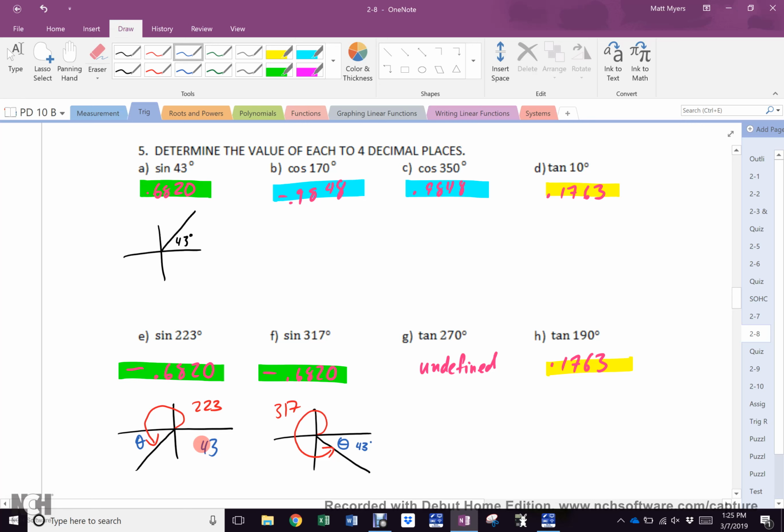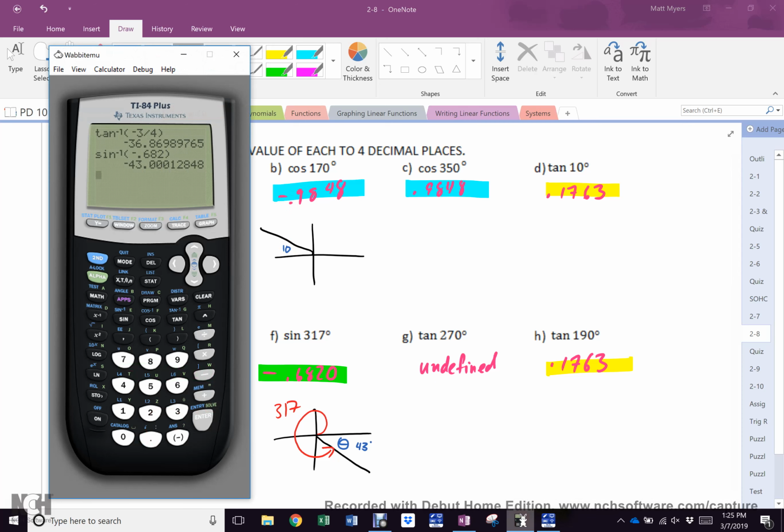Now here's a weird thing. Well, not yet. So, being the intelligent young folks that you are, where is cos 170? Quadrant 2, out there. What's the reference angle? 10. What do you think your calculator is going to tell you if you do shift cos negative 0.9848? Don't do it. What do you think it's going to say? Let's see.